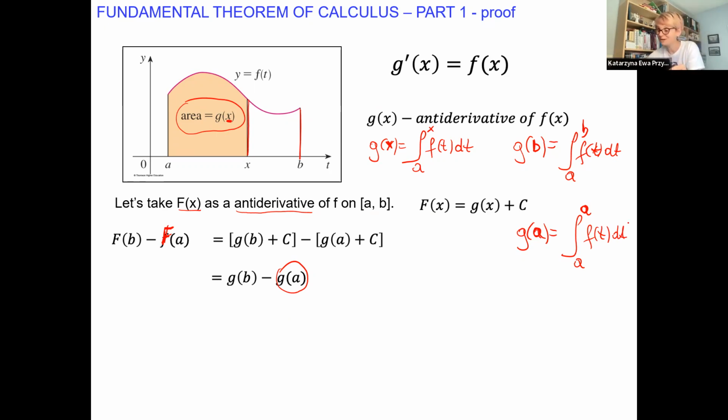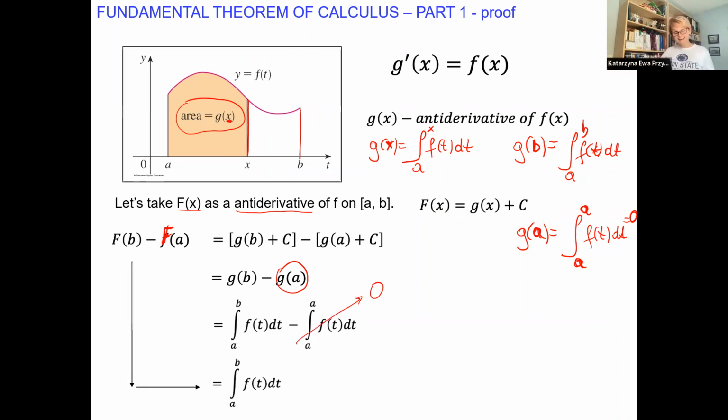We remember if the limits of integration are the same, it's 0. Okay, that means now I have the integral from a to b, the area up to b, and the area up to a, but this will be 0. We all understand, okay?